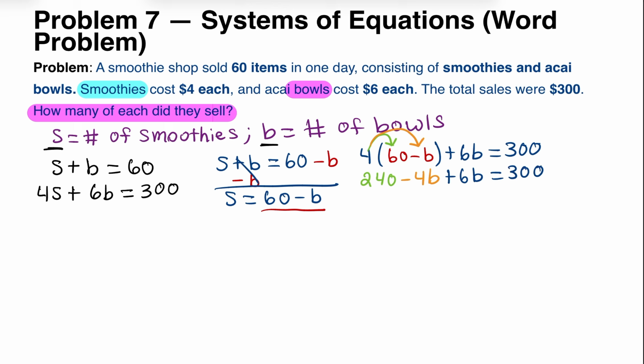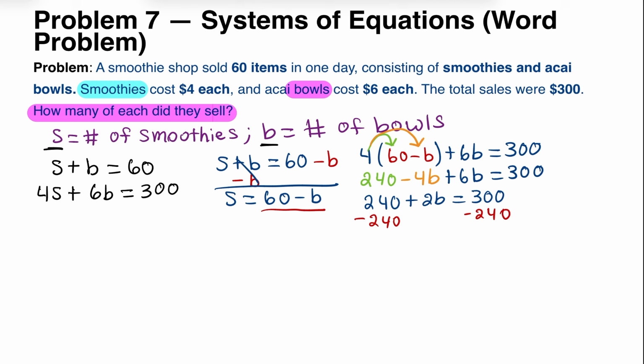Okay, so now we're going to combine like terms. So we have 240 plus 2B equals 300. We're going to solve for B by subtracting 240 from both sides of the equation.